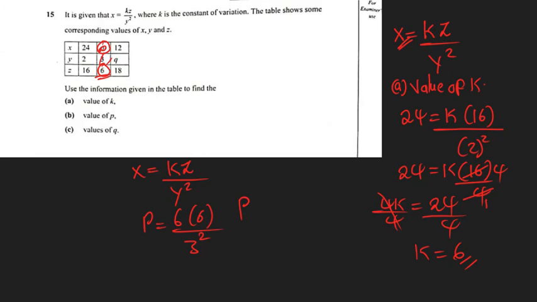So p is equal to 6 times 6 over 9. Then you can divide: 3 into 6 is 2, 3 into 9 is 3. Your answer gives you 4. So p is 4.